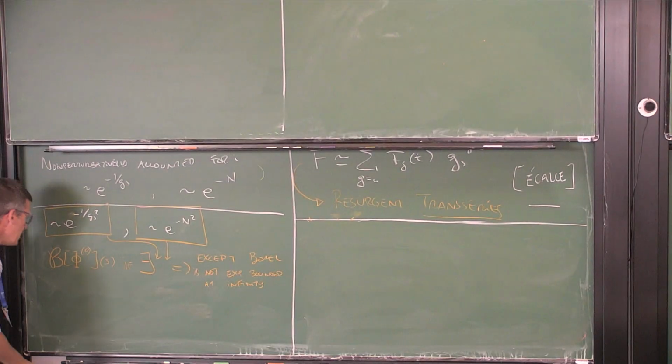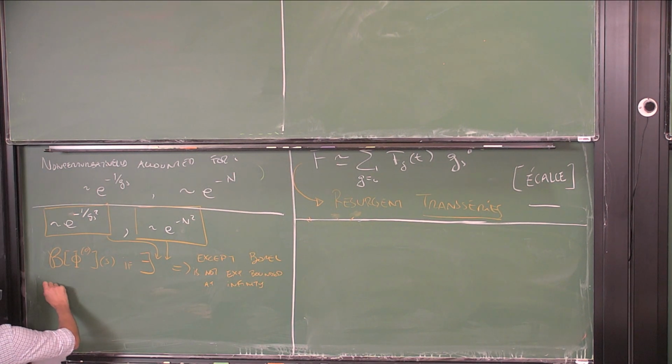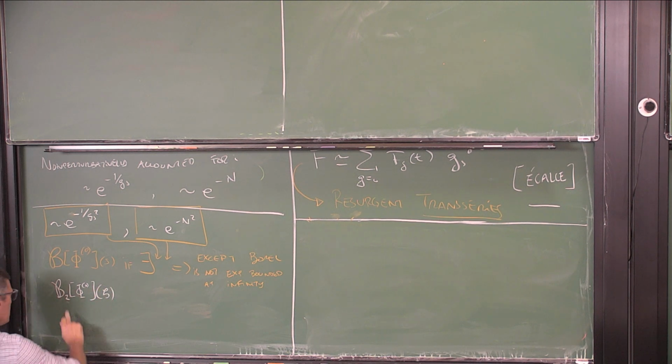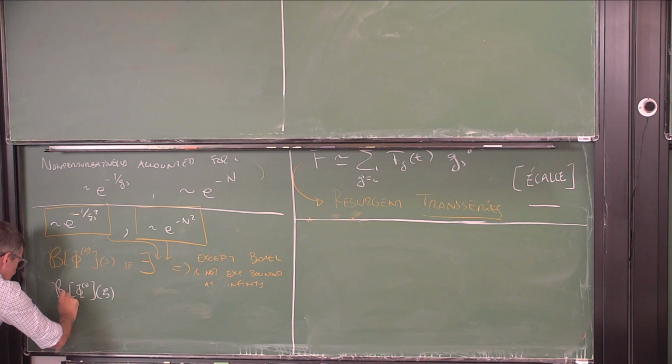So what you need to do is what I will call a second Borel transform. It is not really a Borel transform, but I will use the notation with the 2 over there. Let me put the 2 in another color so it highlights that I'm doing something different.